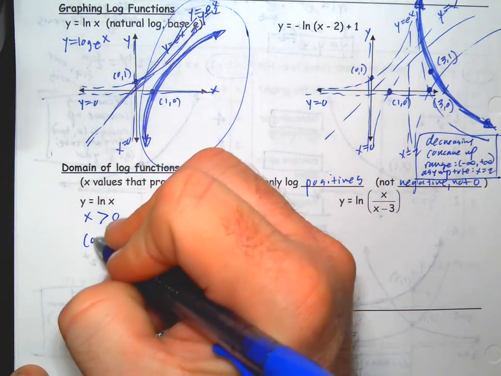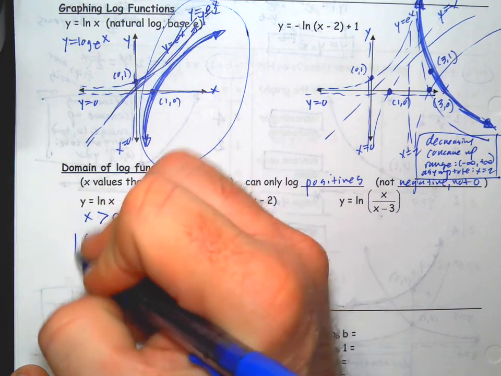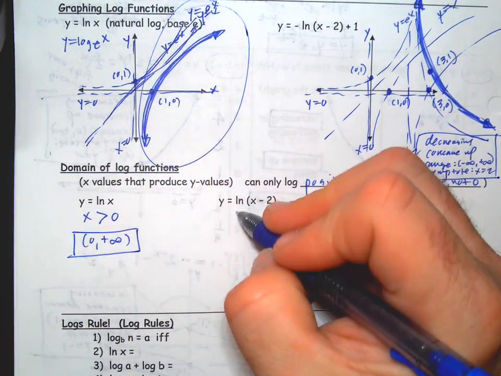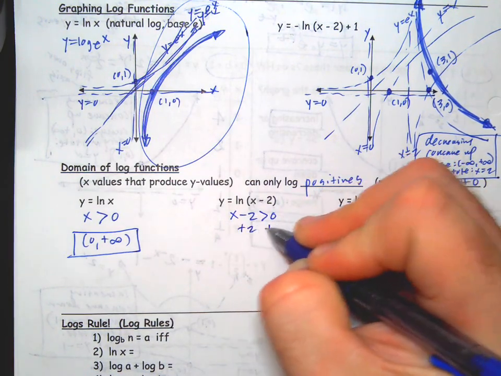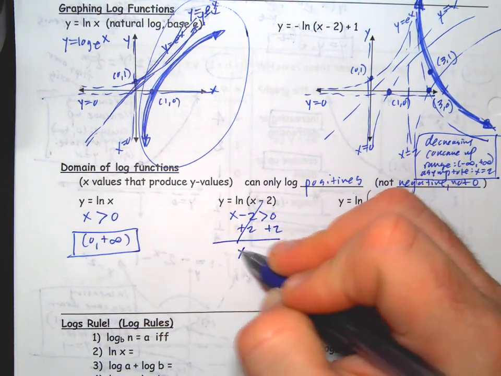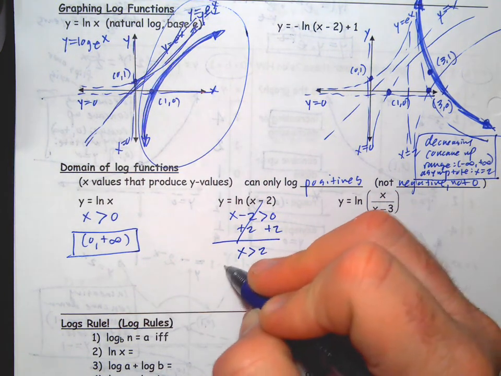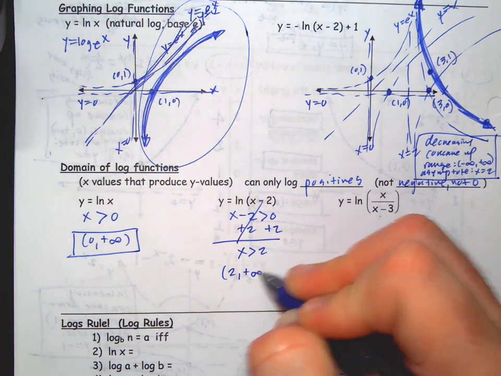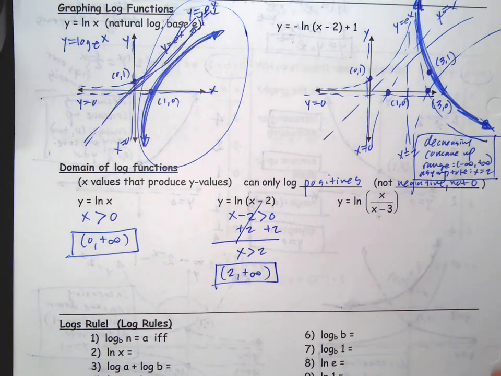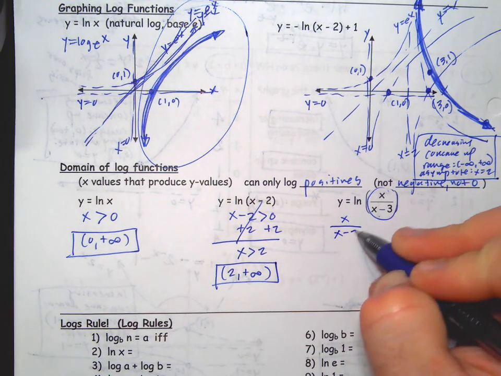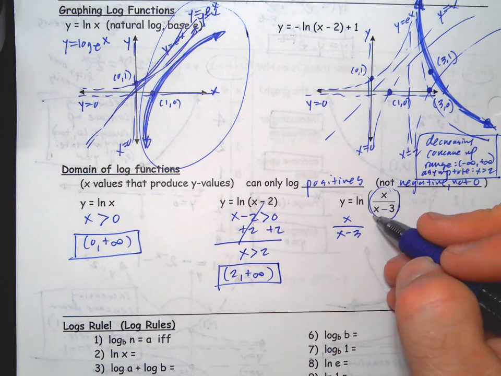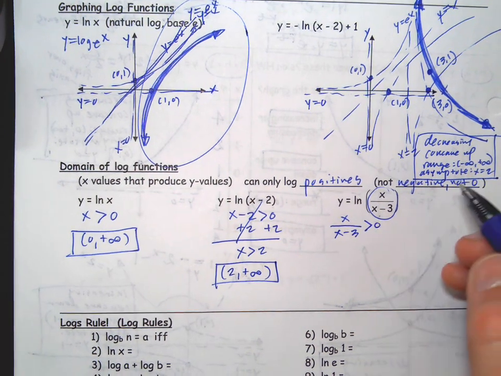We're going to write our domains in interval notation usually. Okay, this one right here, the inside has to be greater than 0. So this would be the work that you would show. And of course, change it to interval notation. Now, sometimes it could be more complicated. It might be a polynomial, might be a rational function. It could involve trig.